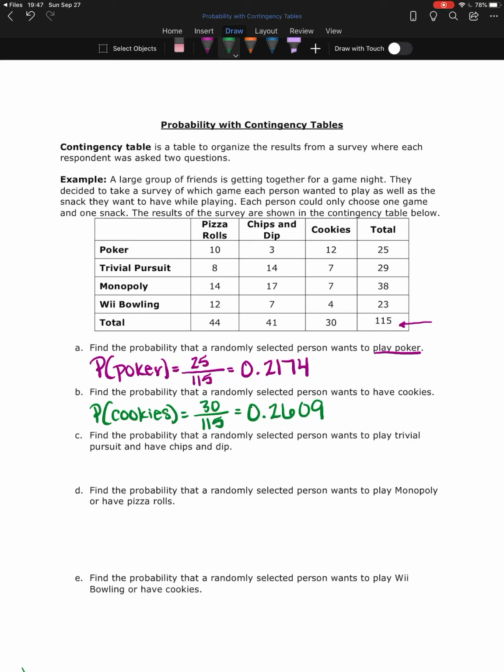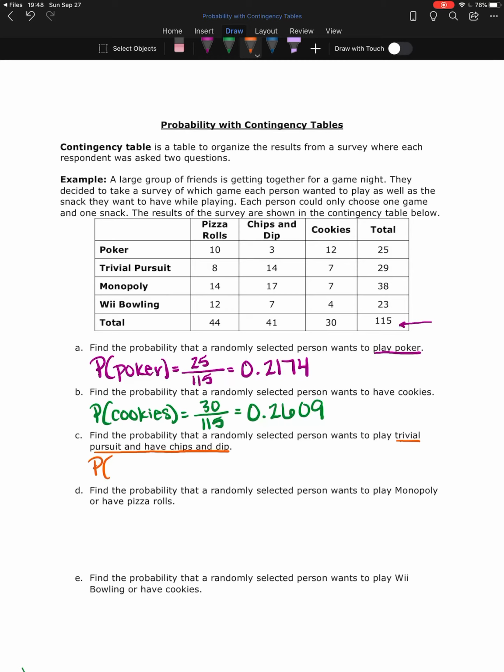Find the probability that a randomly selected person wants to play Trivial Pursuit and have chips and dip. So now we're not just looking at one row or one column like the first 2. I'm looking for someone who wants to play Trivial Pursuit and they want to have chips and dip.